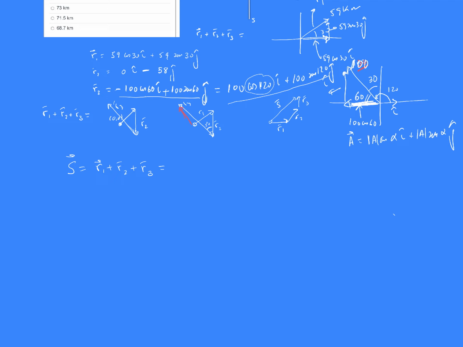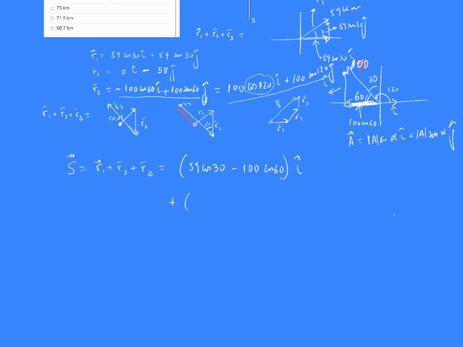The sum is obtained by summing the i component with the i component. So what is the i component of the sum? I see this part, this 0, and this part. Of course, the 0 I will not put. So it will be 59 cosine of 30 minus 100 cosine of 60. Okay, this is the i component.